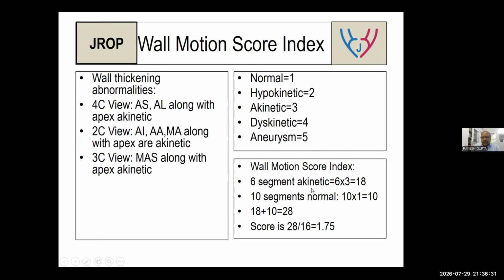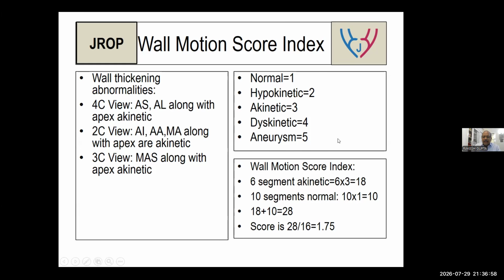So 6 segments, for example, are akinetic. That is 18, as akinetic is 3. 10 segments are normal, so score is 10. 18 plus 10 is 28. 28 divided by 16 will give you a score of 1.75. Higher the score, worse is the prognosis. If the score is 1, that's a perfect scoring system.